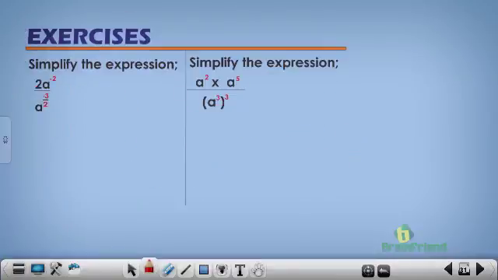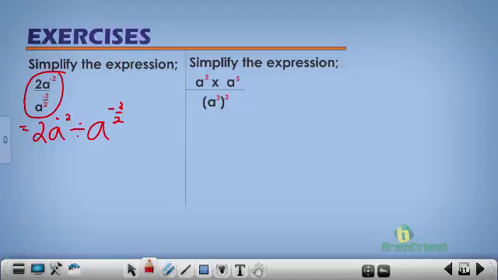If you were asked to simplify this expression from the laws of indices we've learned so far, this shouldn't be a problem for you. Quickly, we would say this could be rewritten as 2a raised to power minus 2 divided by a raised to power minus 3, all over 2.